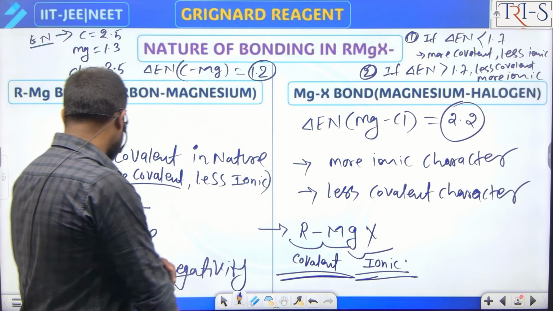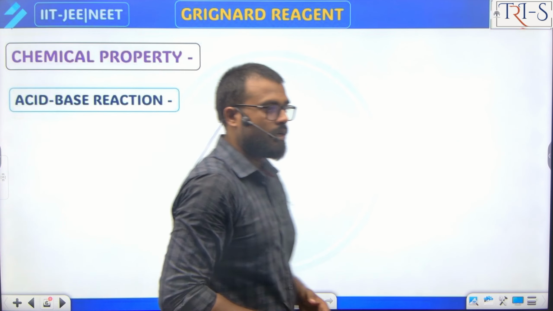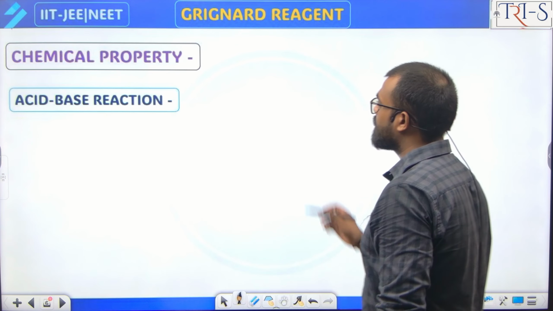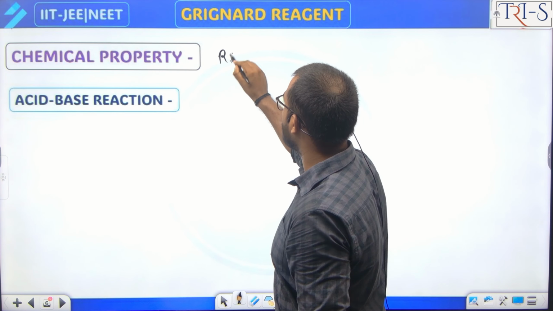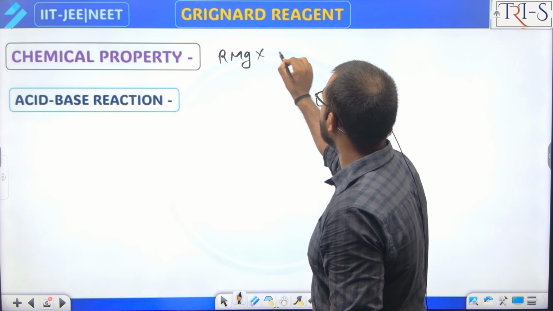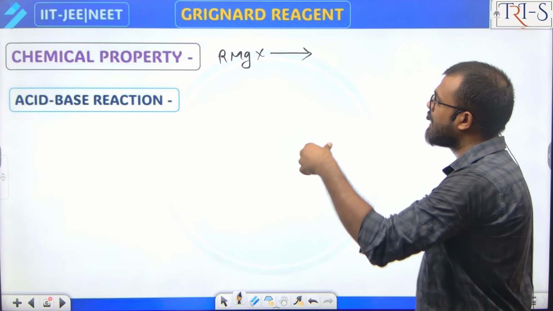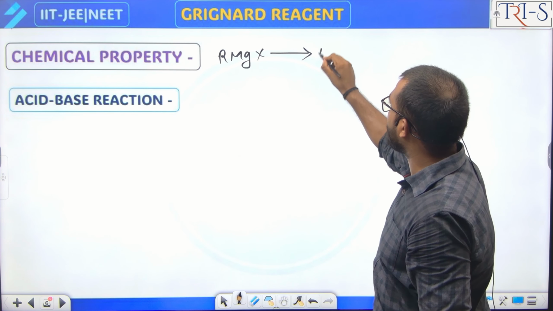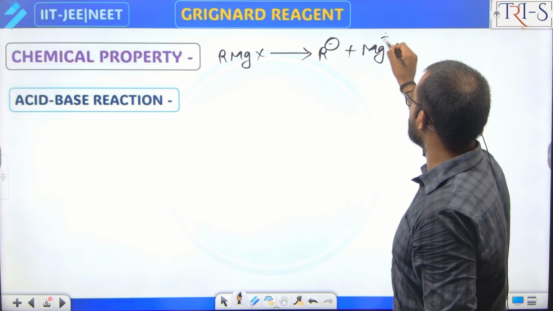Okay. So what is next? Next is the chemical property. As we discussed earlier, the character of RMgX: when it undergoes a chemical reaction, it provides R minus and MgX plus.